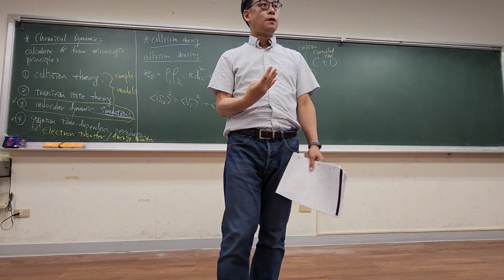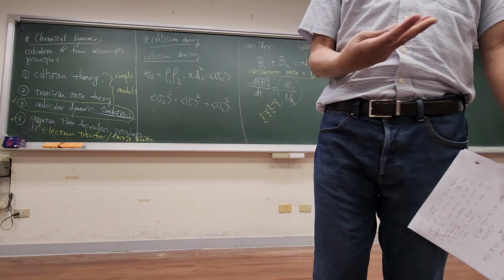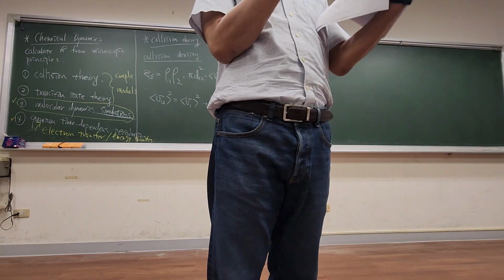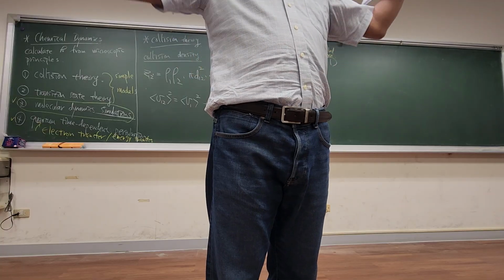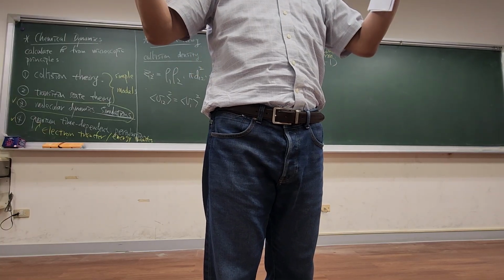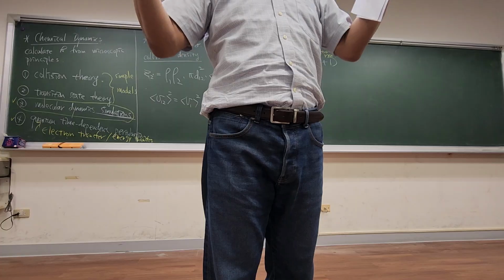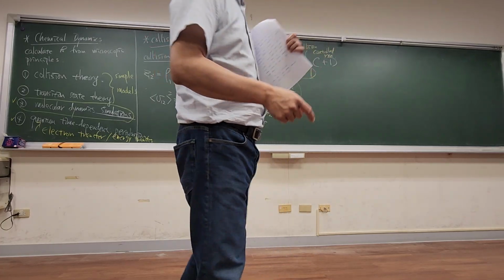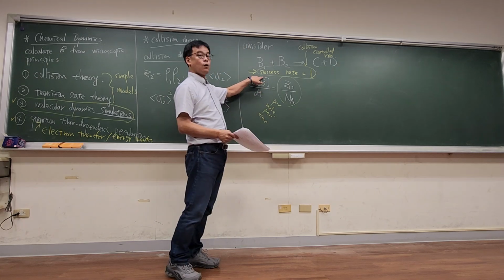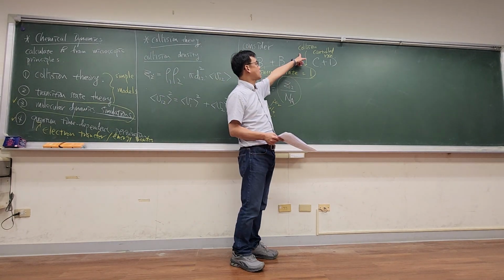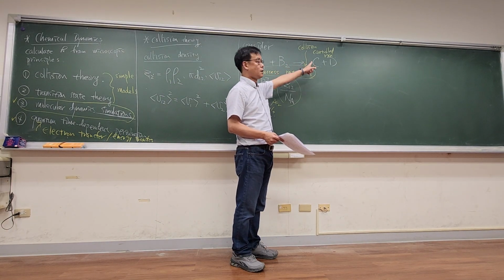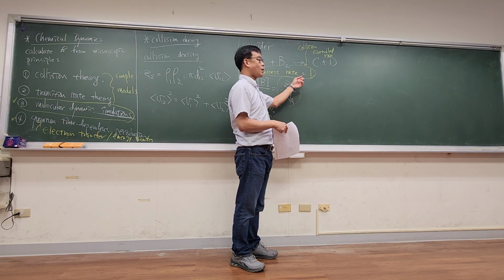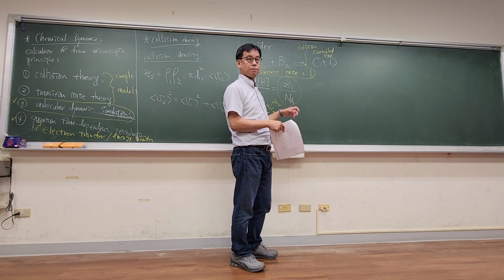For some radicals, this is a good approximation because in very reactive radicals, the collision to form a bond is basically barrierless. Barrierless means there's no activation energy in it. Okay. So we begin with barrierless collision control reaction. So each collision generates the product. The success rate is 1.